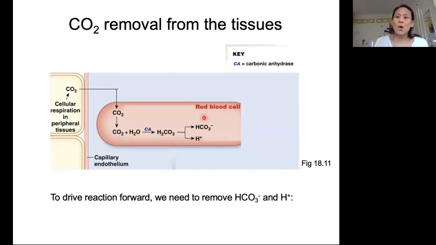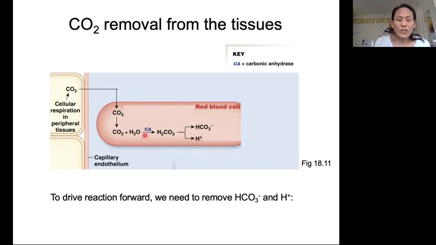Let's take a look at how that happens. CO2 from our tissues enters our red blood cells. It gets converted to hydrogen ion and bicarbonate ion by carbonic anhydrase.